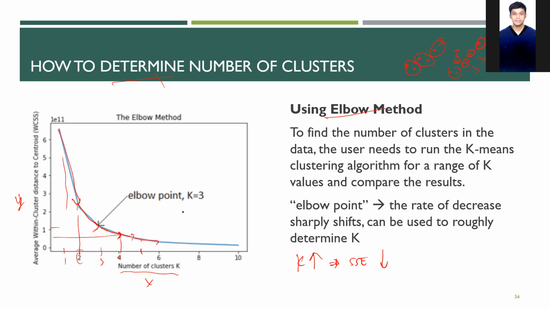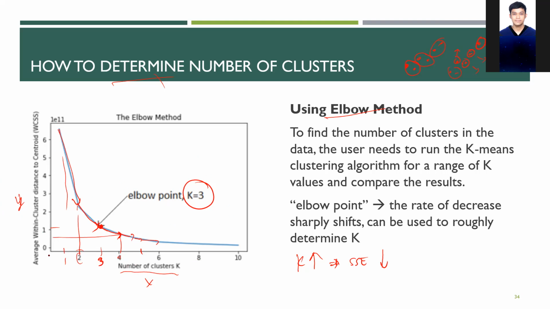So at that point, this is the elbow point, which is the appropriate number of clusters. So to use the elbow method, we make a graph between number of clusters and SSE like this.